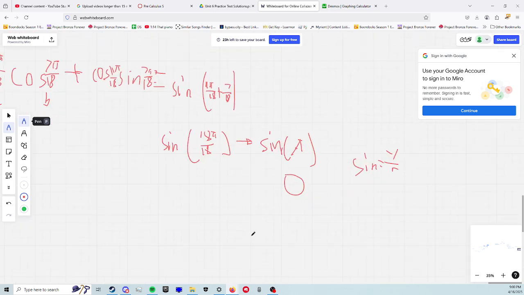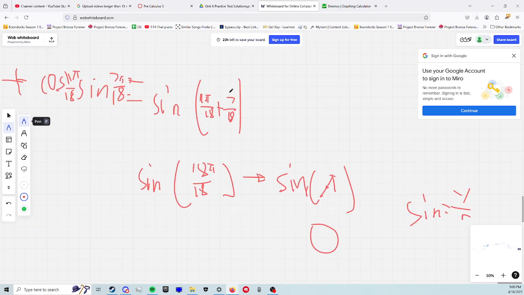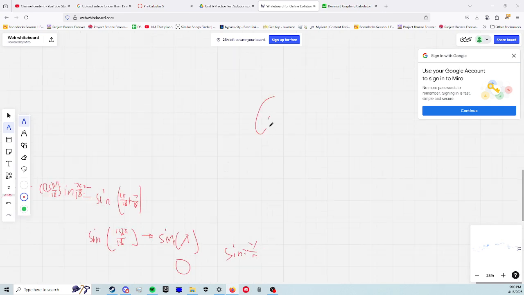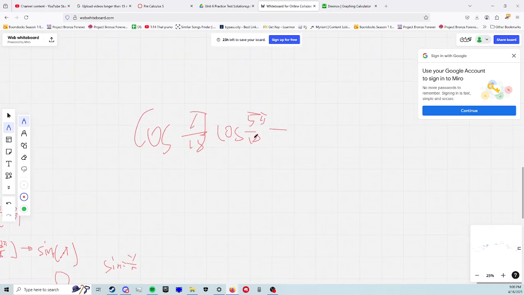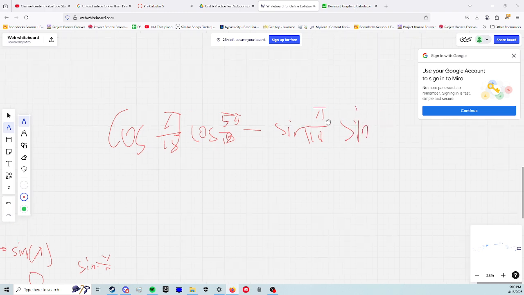This is similar. Cosine pi over 18, and then cosine 5 pi over 18, minus, sorry for the messy writing, sine pi over 18, and then sine 5 pi over 18.